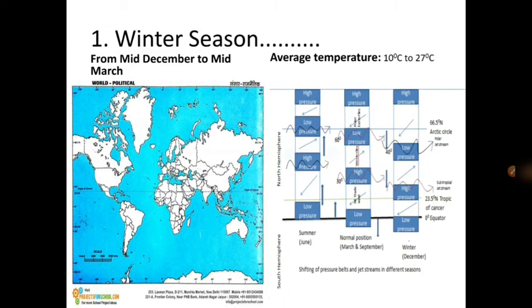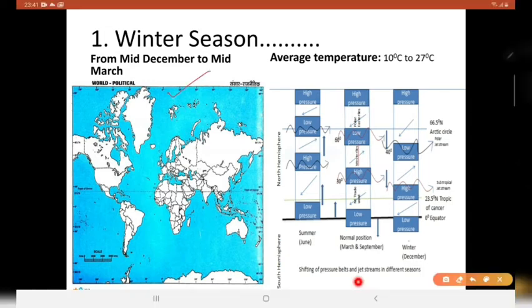Now, have a look at the world political map. Here you will see this is the Tropic of Cancer at 23.5 degree north latitude. This is the equator at 0 degree latitude, and this is the Tropic of Capricorn at 23.5 degree south latitude.